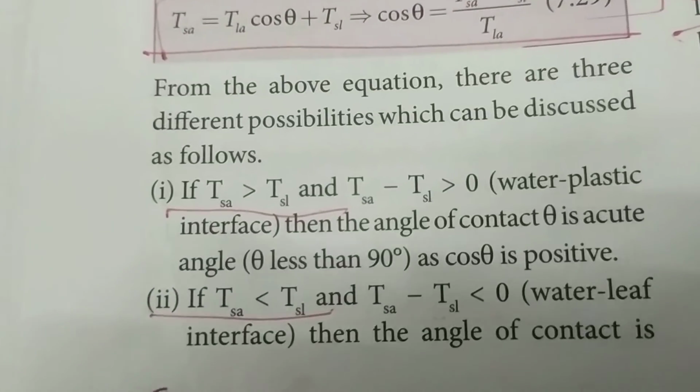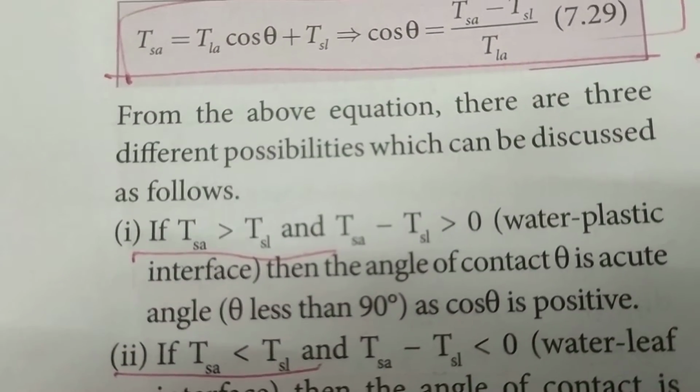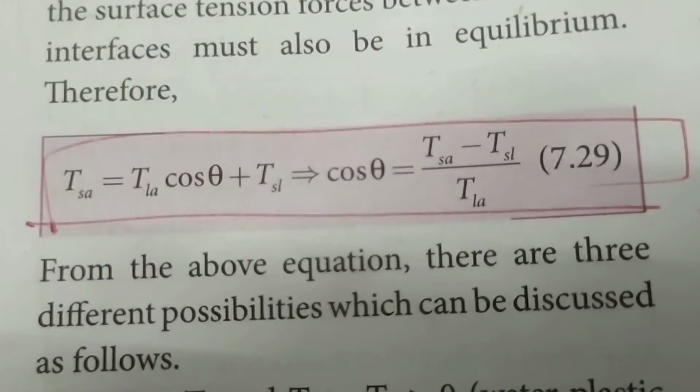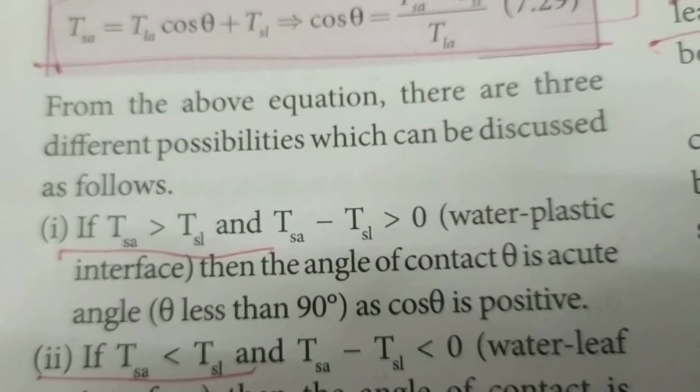Here there are three cases possible. The first case: TSA is greater than TSL. In such a case, in this equation, cos theta will become positive.